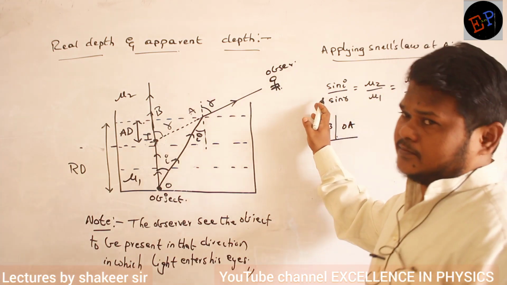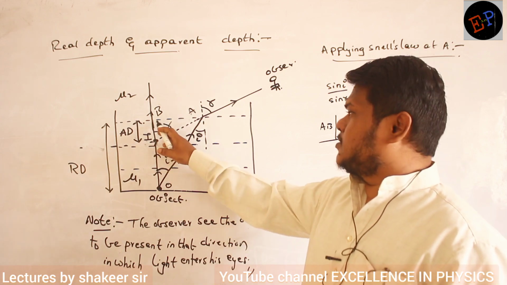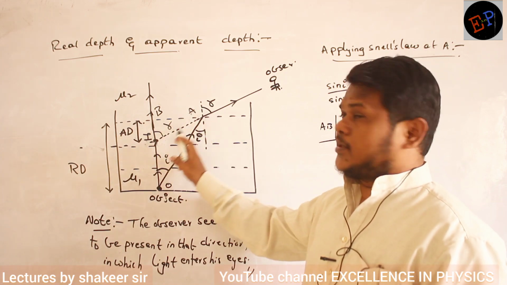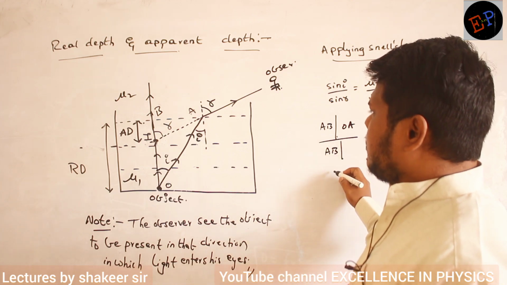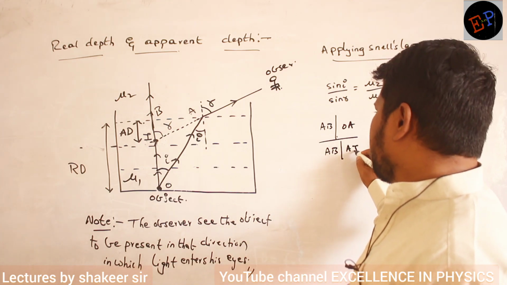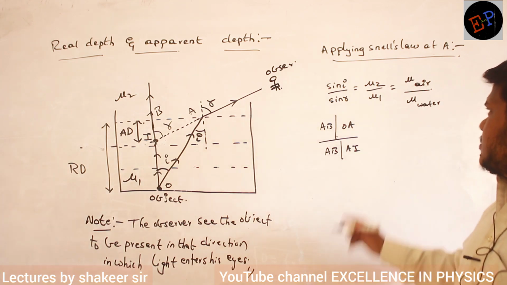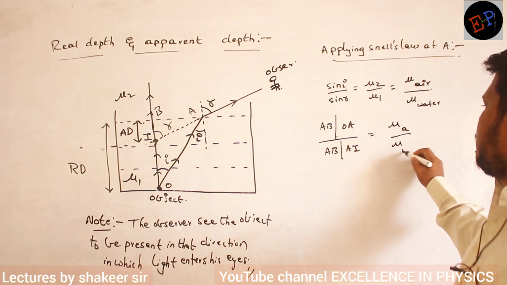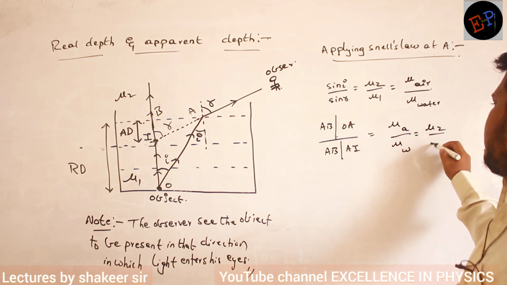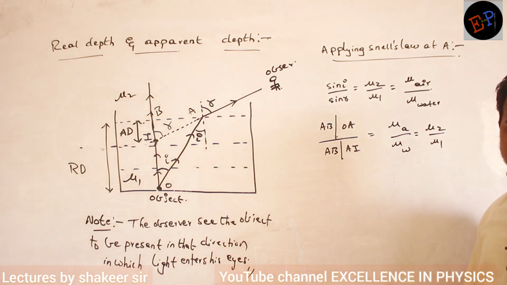Now sin R. Here this is the opposite side and this is the hypotenuse. Clear now? So again AB divided by AI. So this is equal to mu air divided by mu water, or you can write mu2 divided by mu1. Okay, ma?